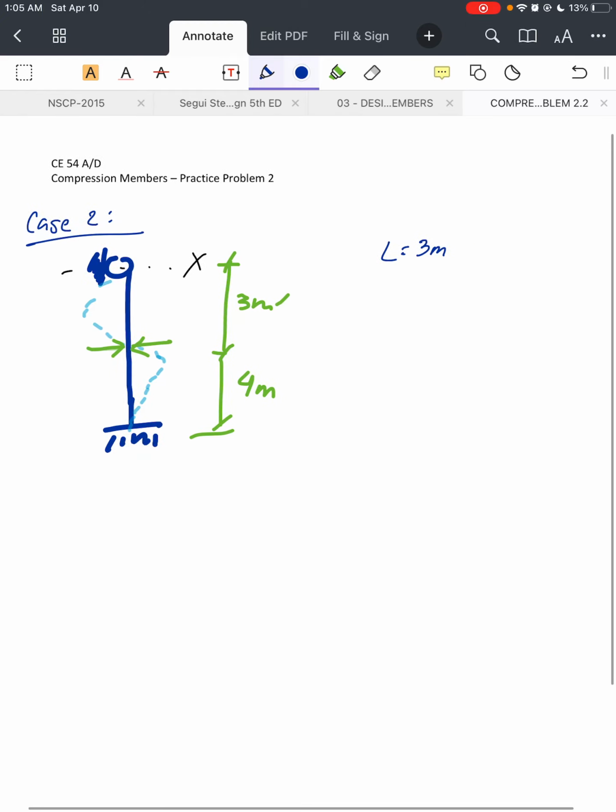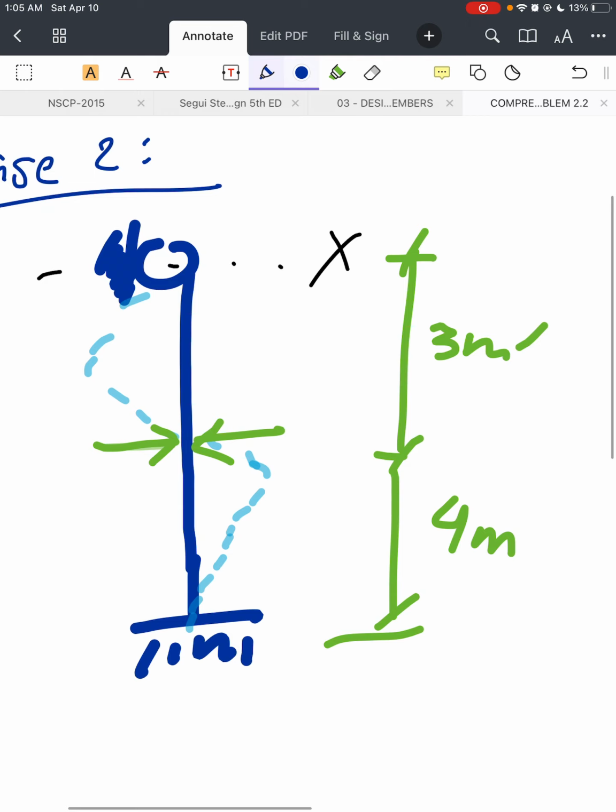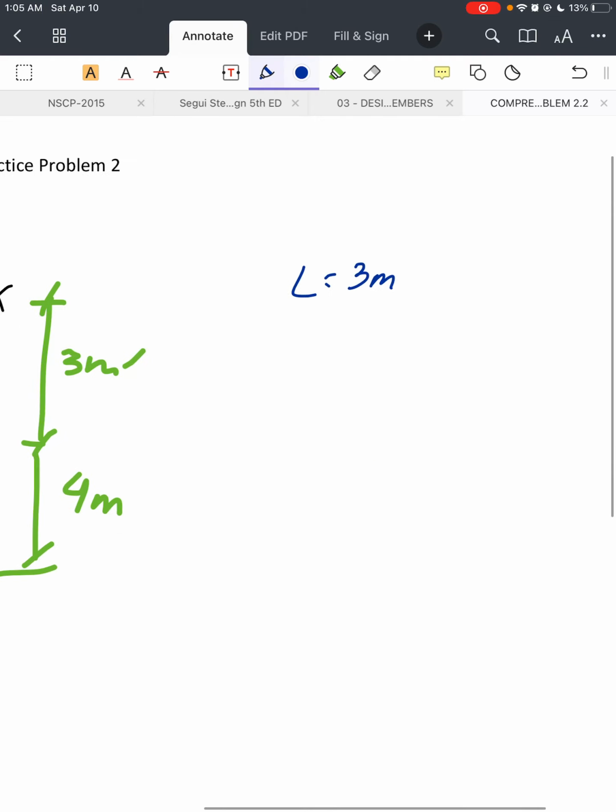And both ends of the segment, kasi this sa upper is roller, let's say simply supported yung upper support ng first part nung column mo, and the bottom part, which is yung intermediate brace mo, is also serve as pin support. So ang mangyayari dyan, both ends of the segment have 0 moments. Okay? So ibig sabihin, both ends are pin supported. Therefore, your KY will be 1.0.